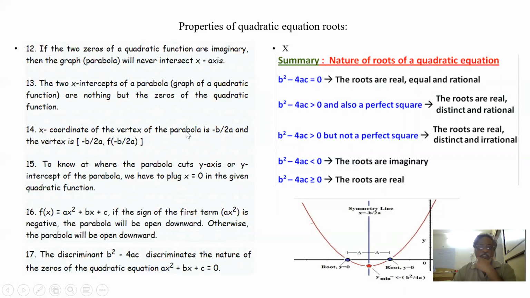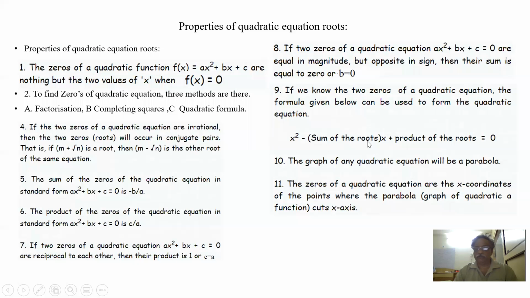The x coordinate of the vertex of the parabola is minus b by 2a, and the vertex is minus b by 2a, f of minus b by 2a. What is the vertex? Minus b by 2a is the minimum point. From the minimum point, both roots are equal. What do you mean by minus b by 2a? When both roots are equal, what is the sum of the roots? Minus b by a. So x plus x is equal to minus b by a, 2x is equal to minus b by a, x is equal to minus b by 2a.